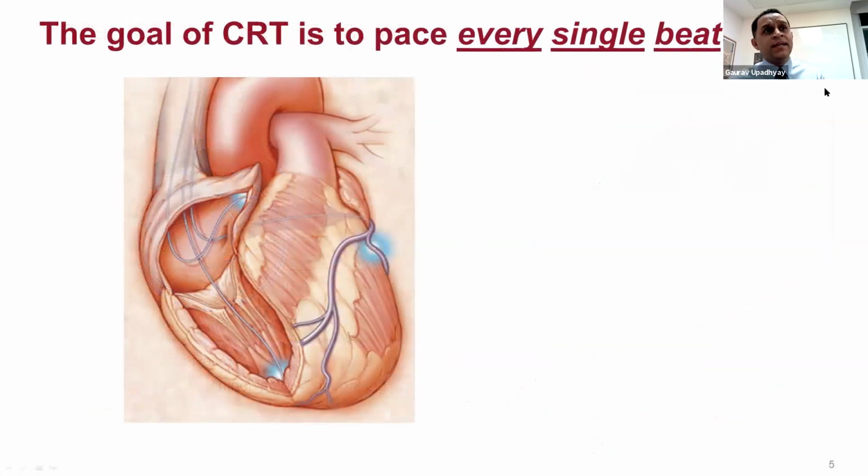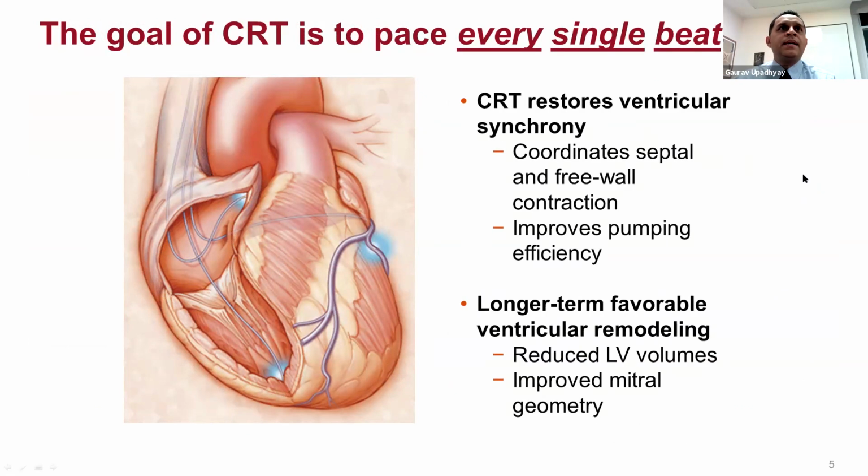And importantly, even among pacemakers, cardiac resynchronization therapy is unique in and of itself. Whereas pacing technology was originally introduced to prevent bradycardia, the goal of cardiac resynchronization therapy is something different entirely. It's to try to pace every single beat in order to correct the problem of dyssynchrony.